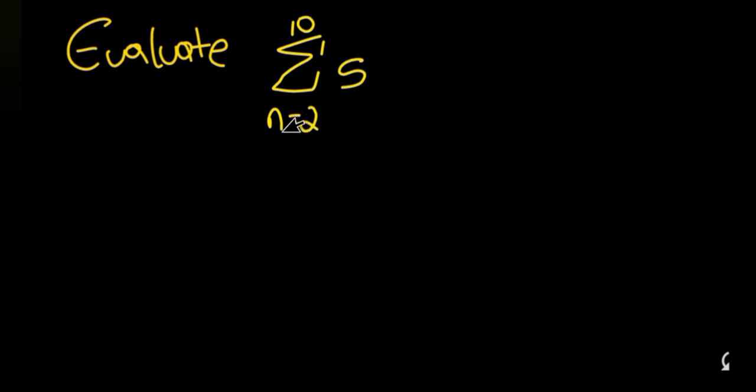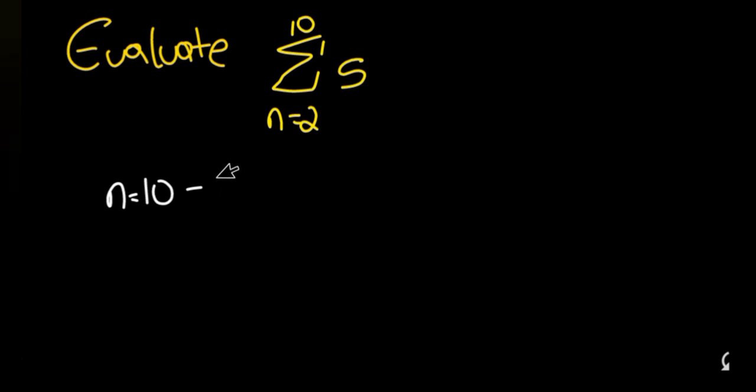We need to first know how many terms we are adding in this series. So we say n equals this value. This tells us that there are 10 terms in this series.